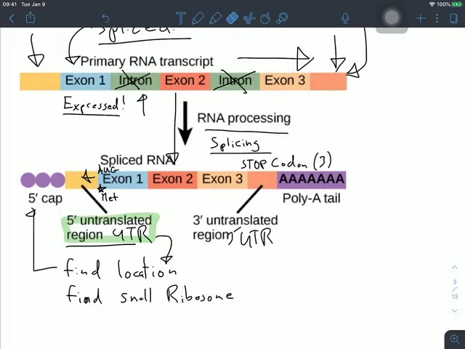What we find with the poly A tail is that over time, the poly A tail will shorten. And when it is short enough, the RNA is actually degraded. You break down the RNA when the tail has become short enough. So in this way, the length of the tail is kind of a timer for how long you're going to be using this mRNA to make proteins.